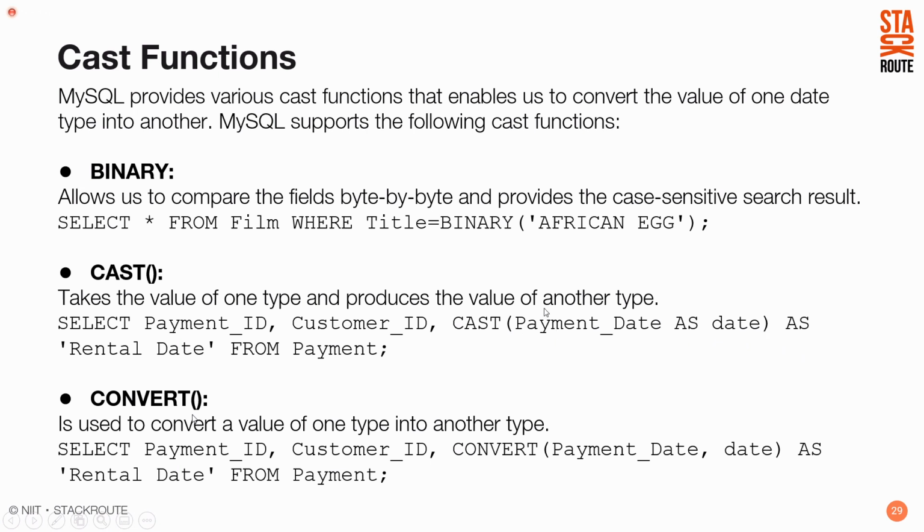Assume I have created a payment date which is of data type date and time. There is a data type called datetime. If I want to convert the datetime data type to date, I can use the cast function. Or else, if I created a payment date as varchar, but I have stored only date format there, in such a situation I can convert the varchar payment date to the date data type. Okay, ma'am, I get it.